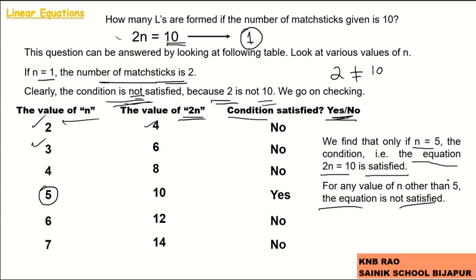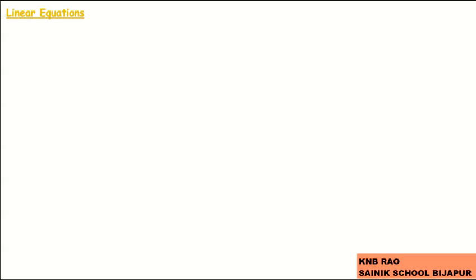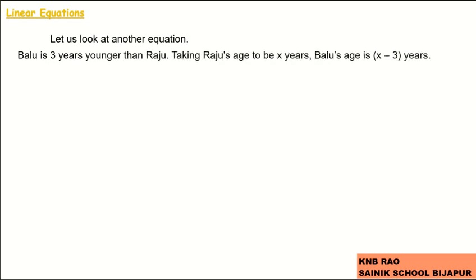Now, we will see one more example other than this. Let us look at some other equation. We have seen a question related to the age of Balu and the age of Raju.